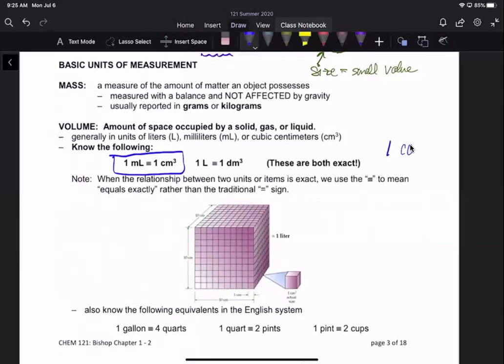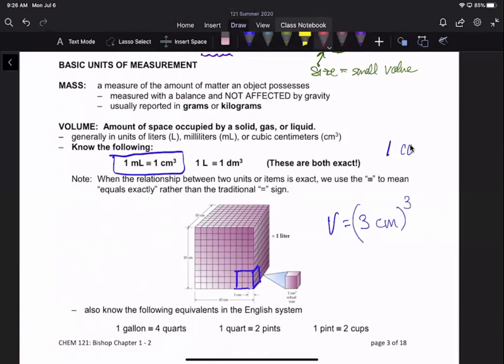Now, volume is interesting because it changes very rapidly. So, for example, if I tripled the edge measurement of that cube in all of those directions, then the volume would increase significantly. And we can't see the back edge of that cube. So when we calculate that volume, we would take 3 centimeters and we would cube that whole thing.